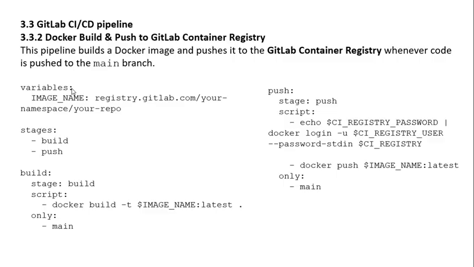Variables: inside, IMAGE_NAME in capital letters, colon, registry.gitlab.com/your-namespace/your-repo. The your-namespace is where you write the namespace, and after the slash you write your repository name. Stages: inside, - build and - push, so there are two stages, first build and second push.